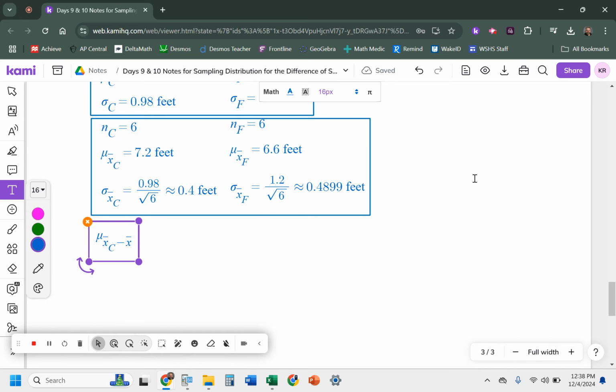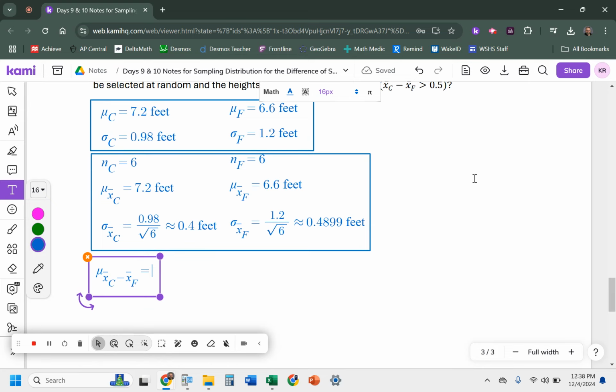This one will be the Florida beaches. And when I do that, it turns out that all this is just the difference between the actual two population means. So this is just going to turn out to be 7.2 minus 6.6, which is going to give us 0.6 feet.